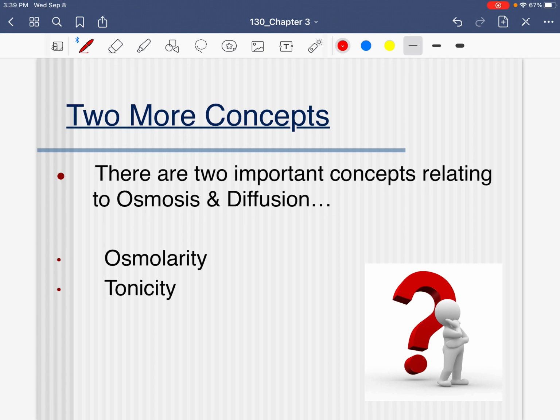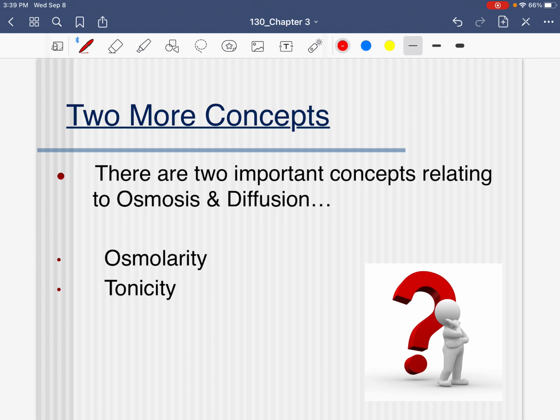Okay. Now, I'm taking a breath because I want you to take a breath. There's a couple concepts that we've got to fill in here, and they're a little harder. So let's just get our bearings here. We're talking about mechanisms to move things into and out of the cell, right?